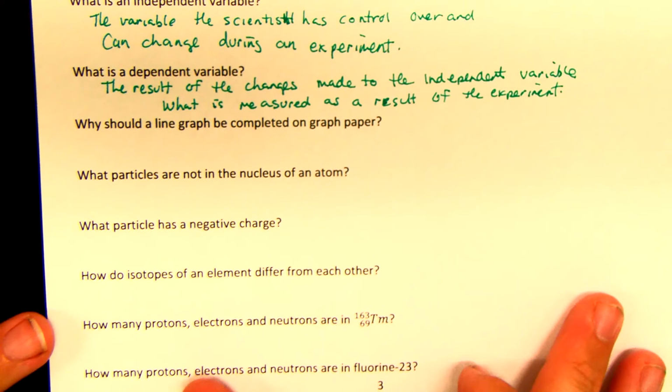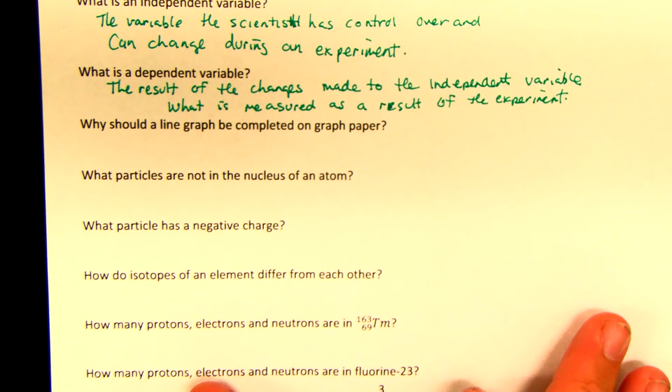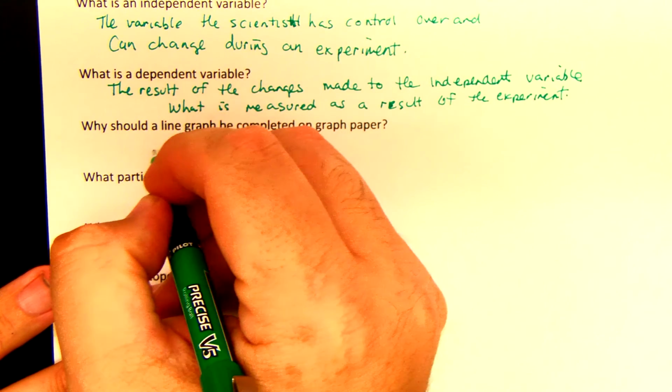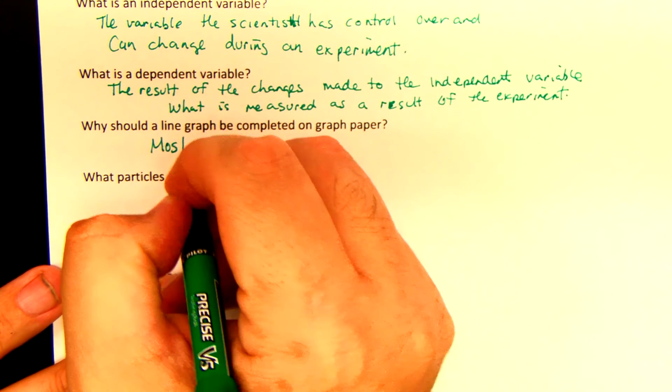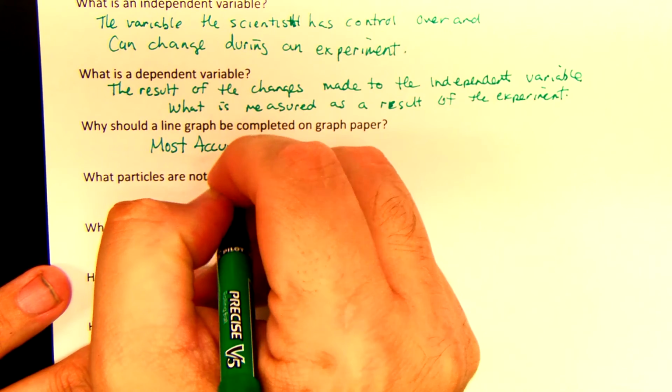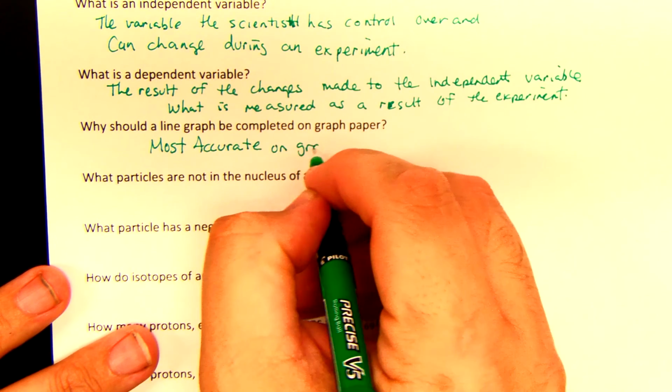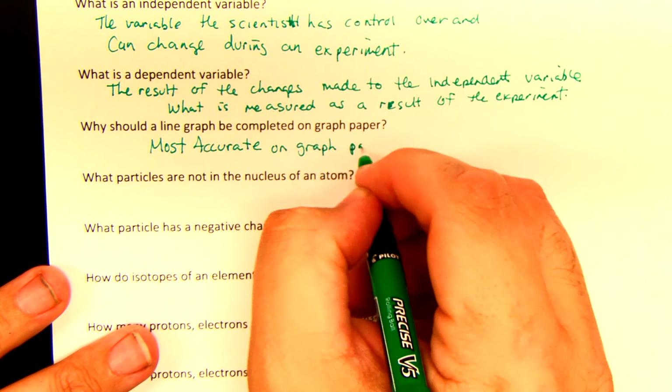Now, I got a lot of really interesting answers for line graphs. I'm going to give you the short and sweet answer. It's most accurate on graph paper when you're doing it by hand.